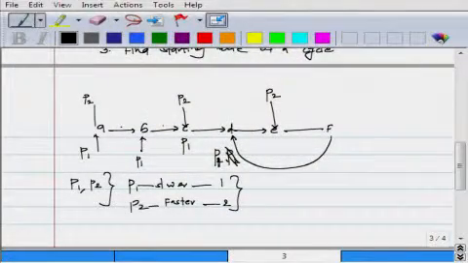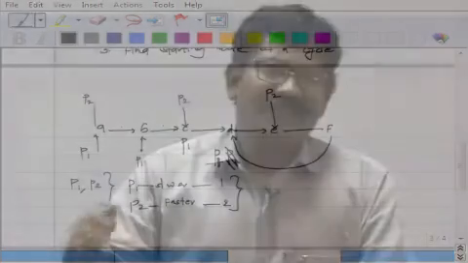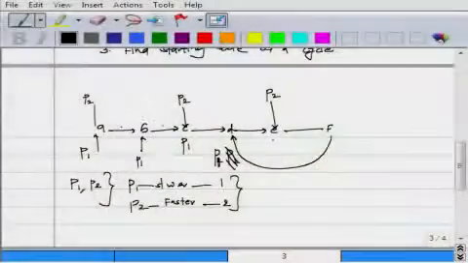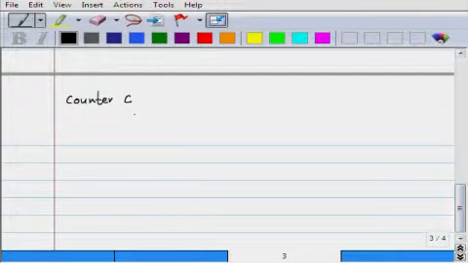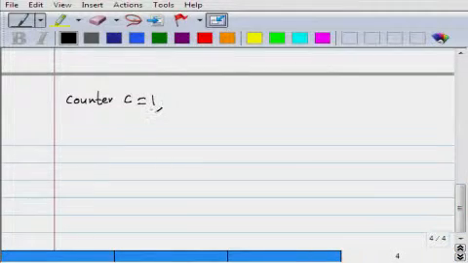As they are meeting, stop the faster pointer there and go on incrementing pointer P1. As we advance P1, the slow pointer, at the same time we increment the counter by 1. So in the next step P1 is pointing over here, and the counter becomes 1.